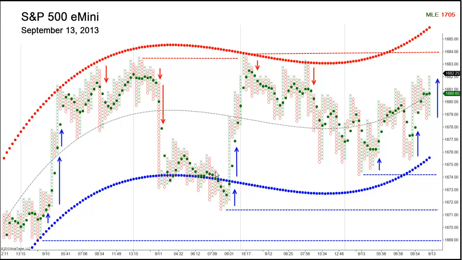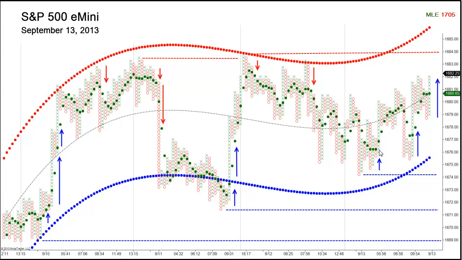On Wednesday, the S&P pulled down to 1671 before auctioning back up to 1684 to retest the prior high. On Friday, the market made a modest pullback slightly below Thursday's low, auctioning down to 1674, 1675.